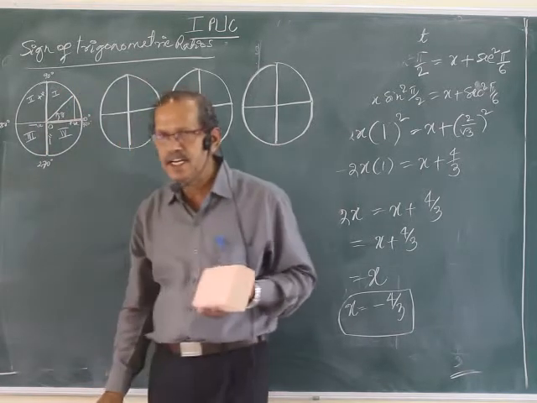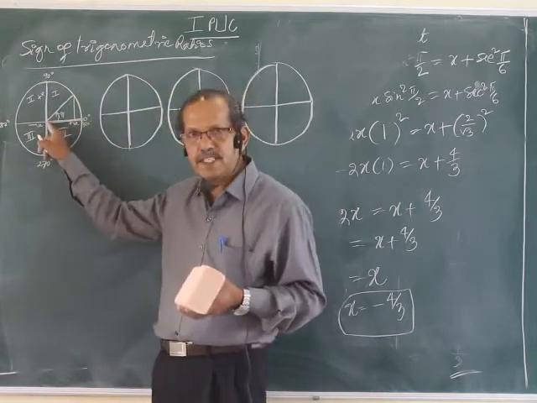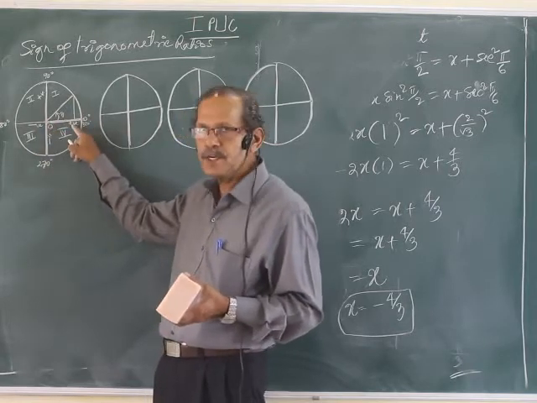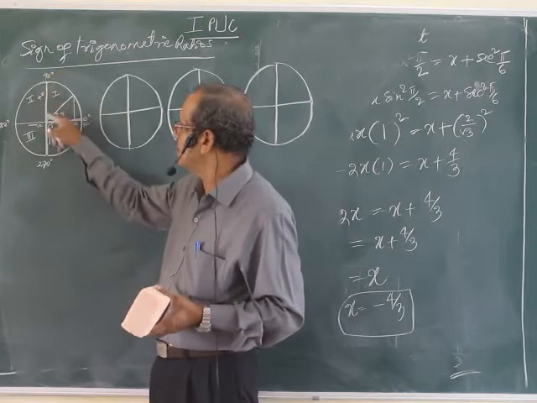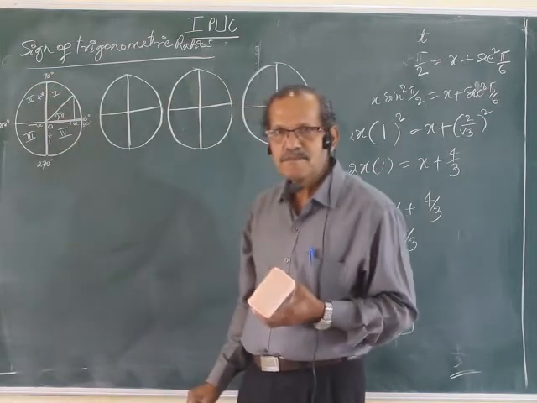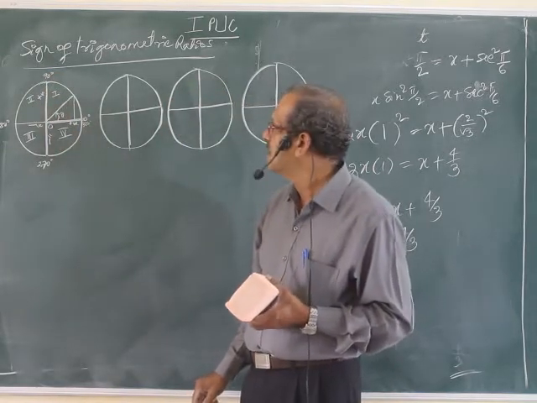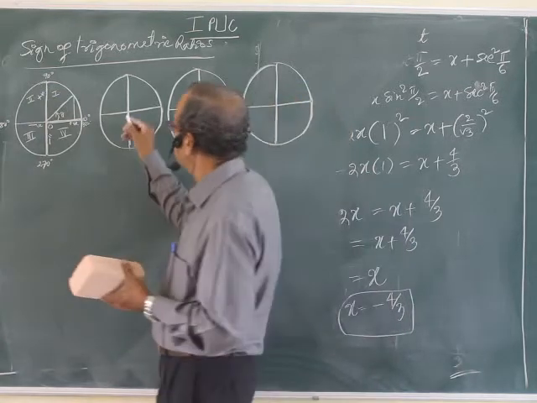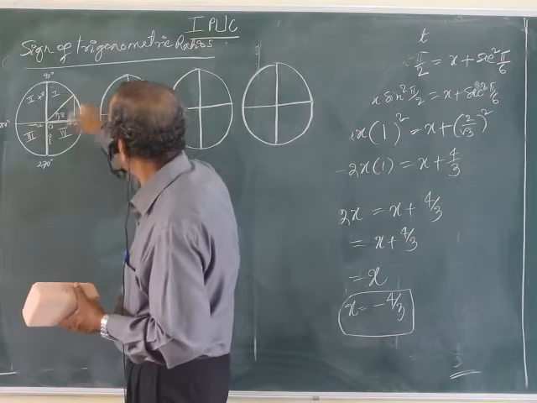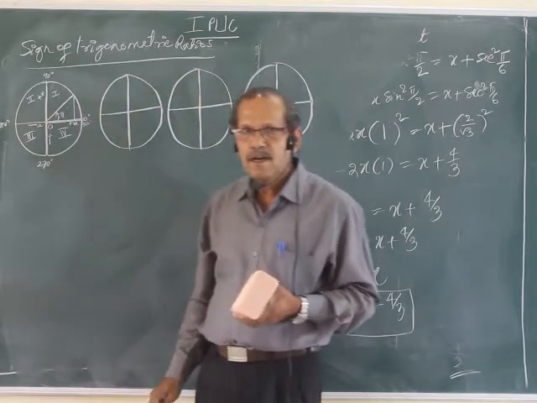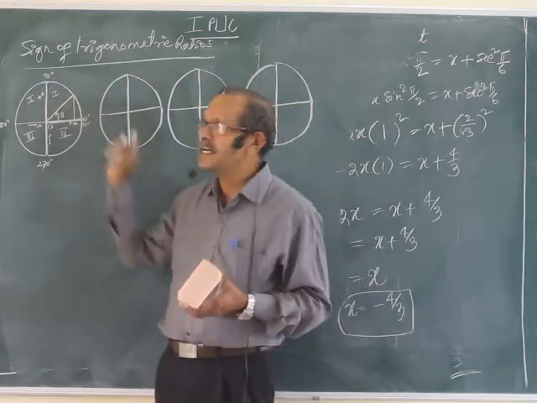Sign convention is from the center of the circle, right hand side positive, left hand side negative. Above positive, below negative. When the angle is in the first quadrant, it means the angle is in between 0 to 90 degrees only.